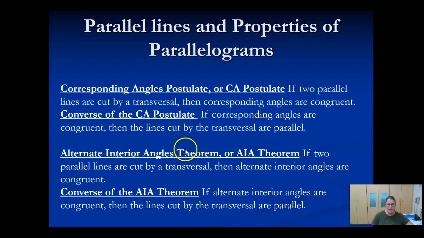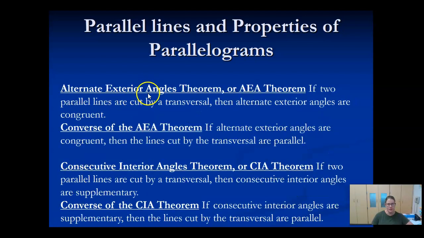We know that alternate interior angles are congruent if the lines are parallel. We know that alternate exterior angles are congruent, and we know that consecutive interior angles, sometimes called same-side interior angles, are supplementary, right, if those lines are parallel.